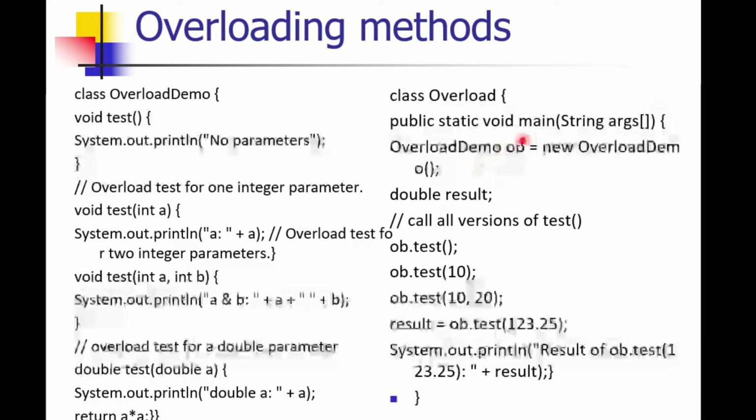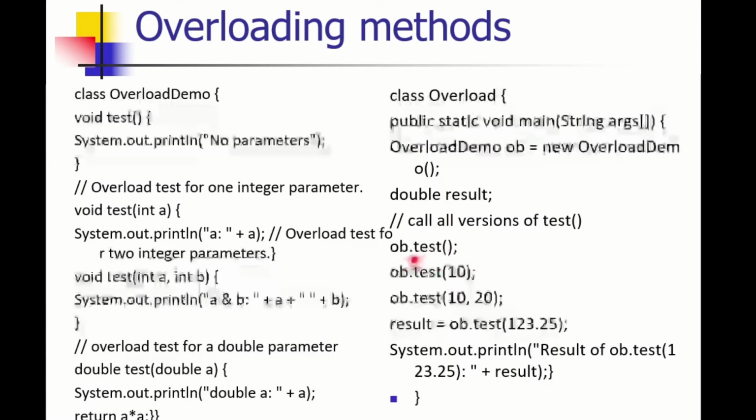So here we have to make an object of another class because we want to use the members of that class. So we have created the obj of that overload demo class, and we have one variable to store the double result, and apart from this we will start testing the test methods from the overload demo class.